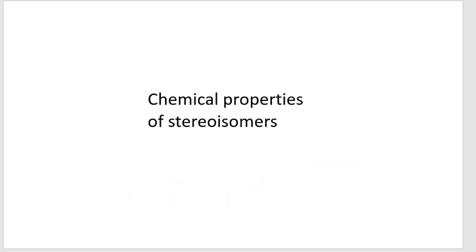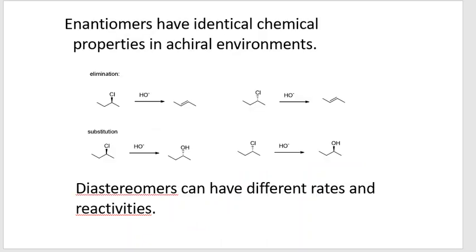So, chemical properties of stereoisomers. Enantiomers, because they have the same polarity, are going to react the same, and you're going to get an equal amount of the product unless you start with something that's chiral, or you somehow have a chiral environment.